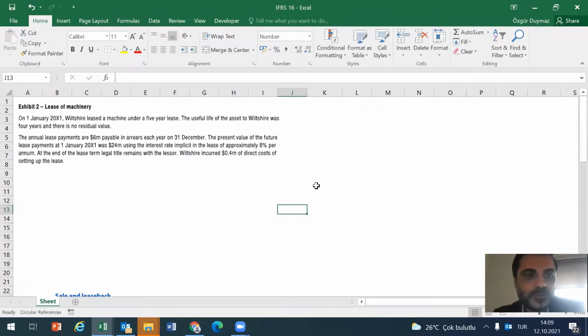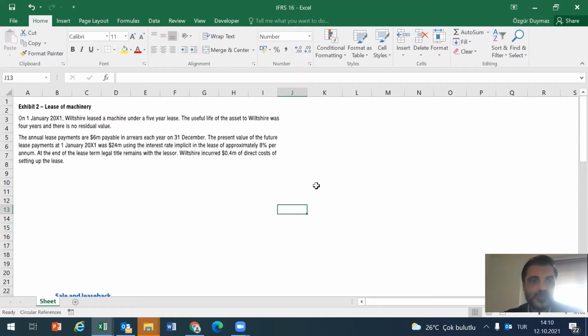In the first scenario, on January 1st, 2011, the company Wilshire leased a machinery under a 5 year lease. The useful life of this asset was 4 years and there is no residual value. Annual lease payments are 6 million payable each year at the end of the year.